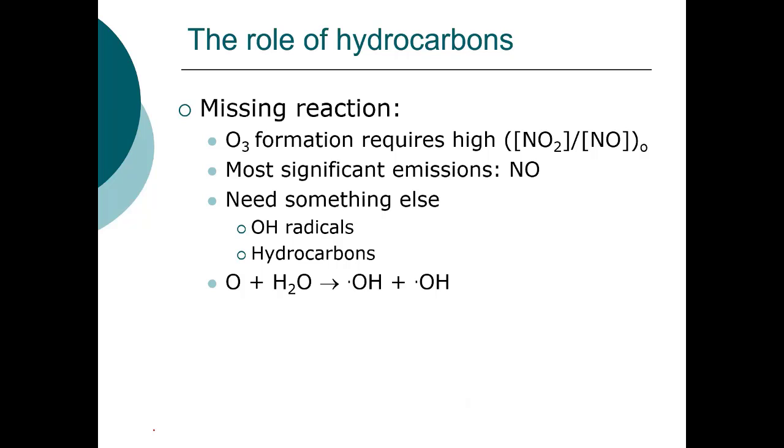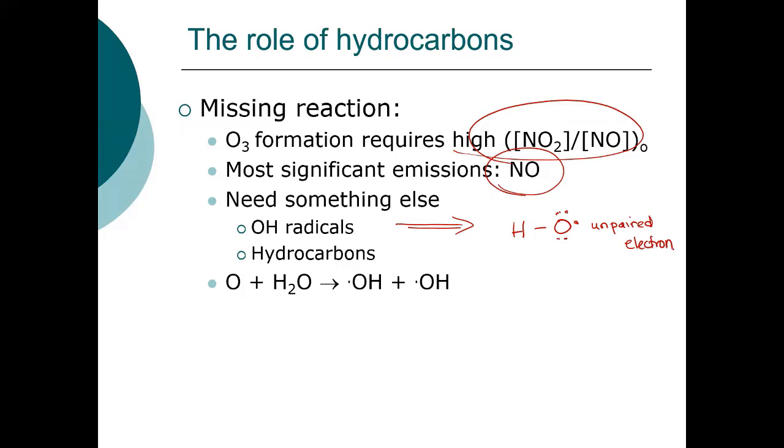So there was something missing, as I mentioned. Significant emissions from combustion sources is NO, but we need this high ratio to form sufficient or high concentrations of ozone. The OH radical is hydrogen and oxygen, but that oxygen has an unpaired electron, which makes it highly reactive.